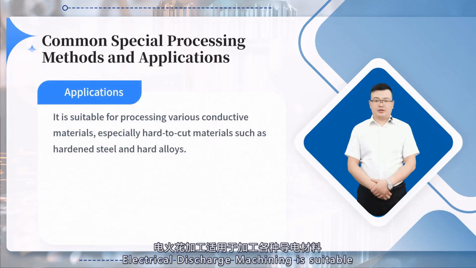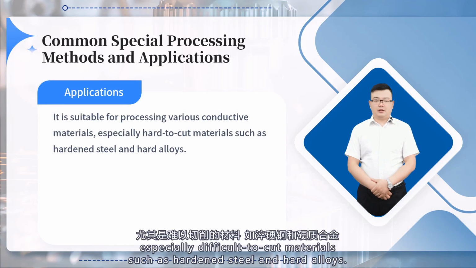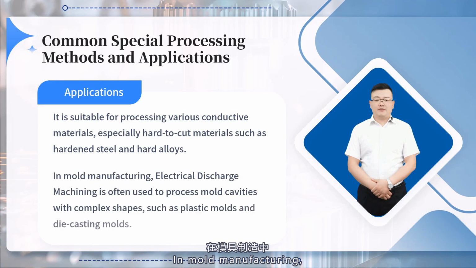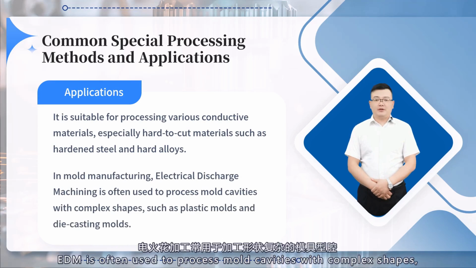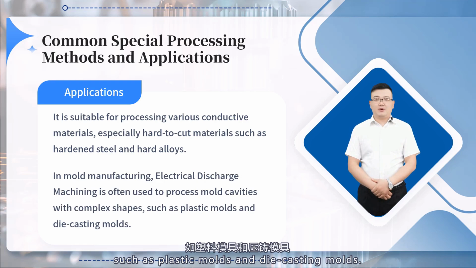Electrical discharge machining is suitable for processing various conductive materials, especially difficult to cut materials such as hardened steel and hard alloys. In mold manufacturing, EDM is often used to process mold cavities with complex shapes, such as plastic molds and die casting molds.